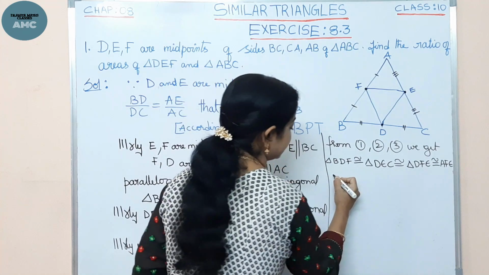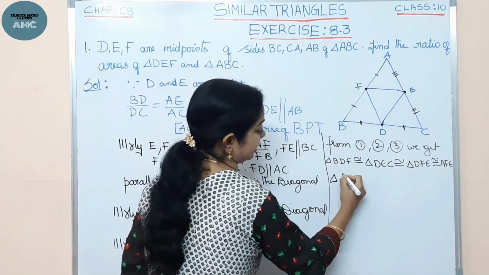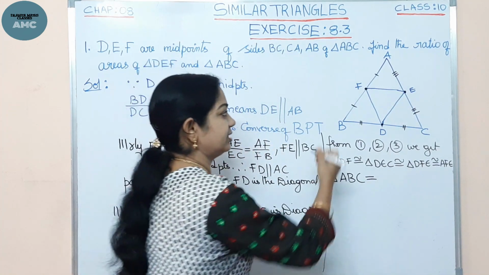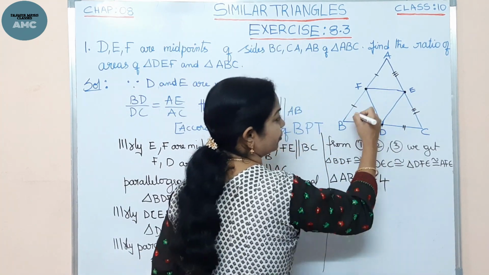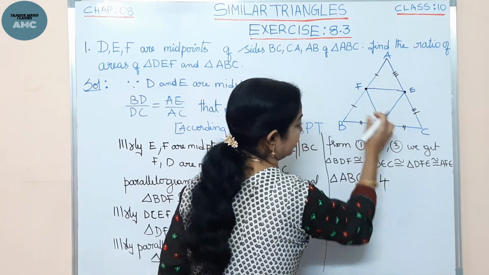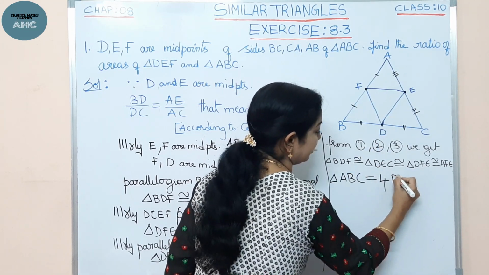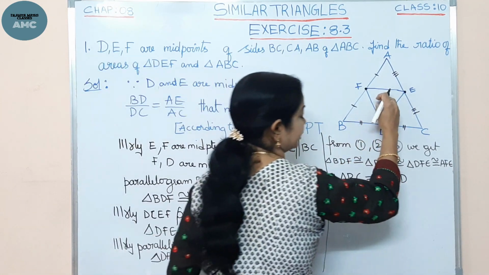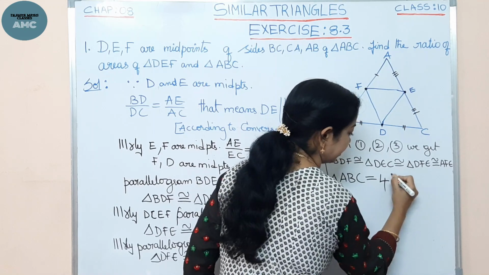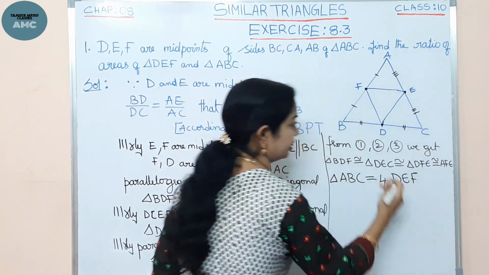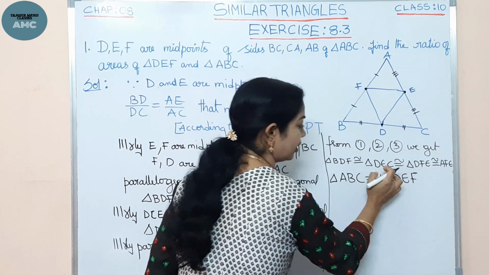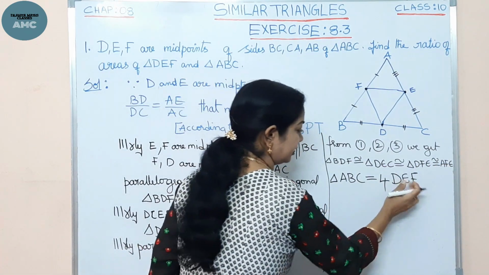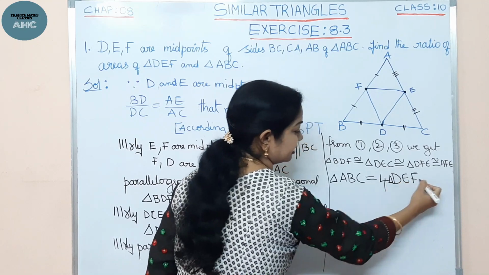So I can write it as, now if I take the bigger triangle, triangle ABC is equal to 4 triangles of, you can take any one, let me take the center one, DEF, 1 2 3 4, because all are congruent, that means they are equal, right? So triangle ABC is equal to 4 into triangle DEF.